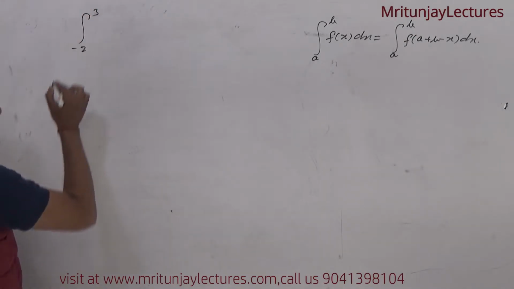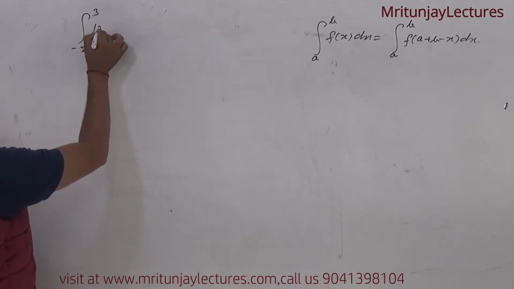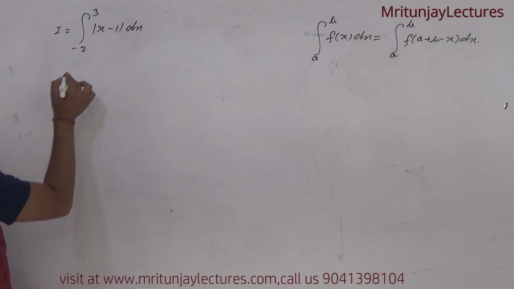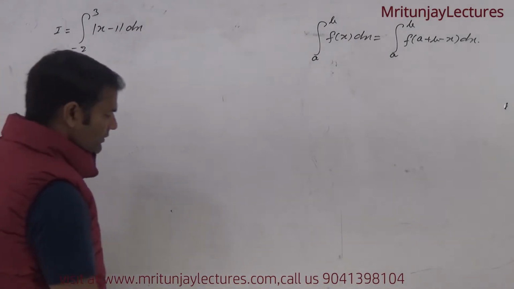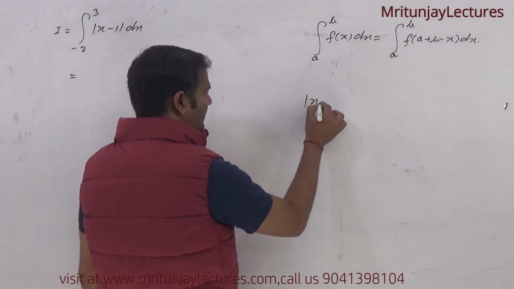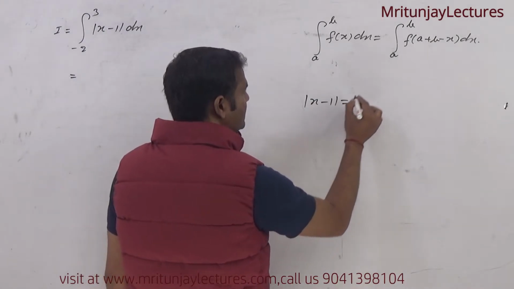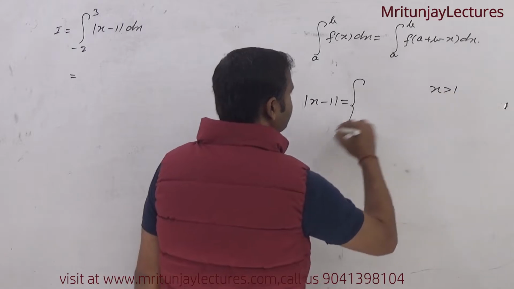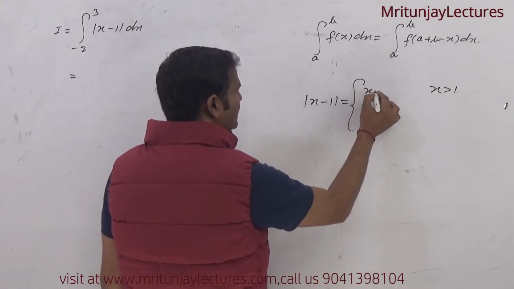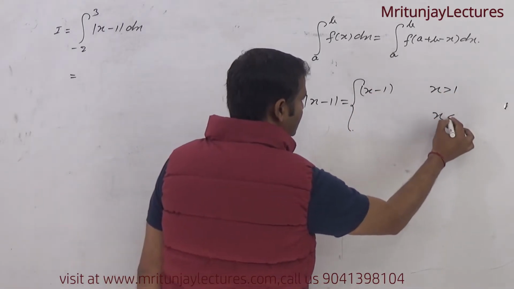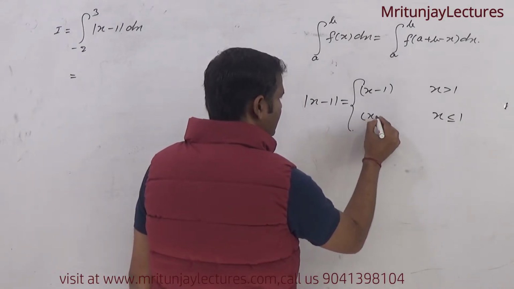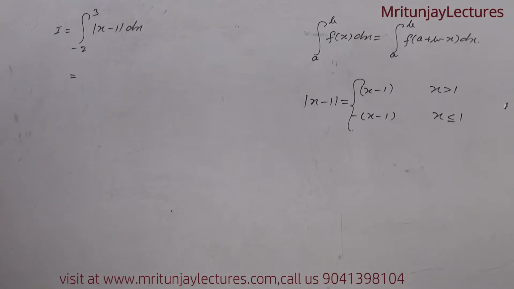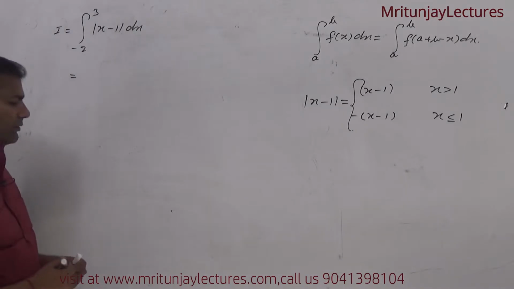The integral from minus 2 to 3 of mod of x minus 1 dx will be equal to I. First of all, mod of x minus 1 is written as x minus 1 if x is greater than 1, and if x is less than 1, then it is written as minus of x minus 1. Clear or not?